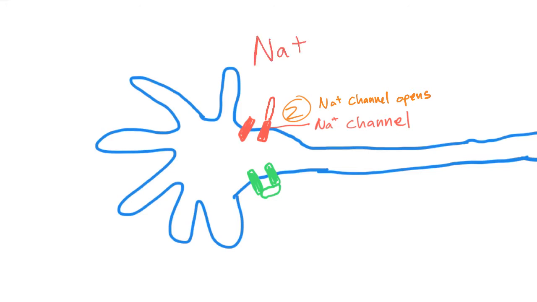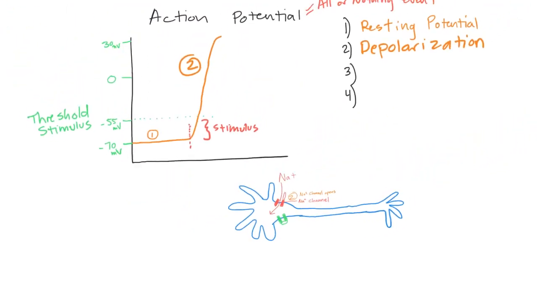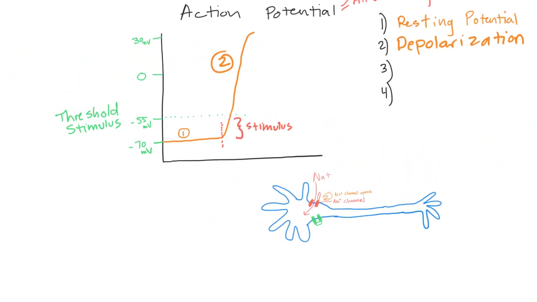And sodium is going to flow down its concentration gradient into the cell. Which, because it's a positive ion, is going to make the potential less negative, to the point where it's going to flip from being a negative potential to being a positive potential, all the way up to 30 millivolts.